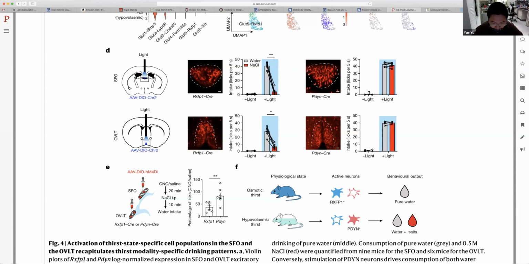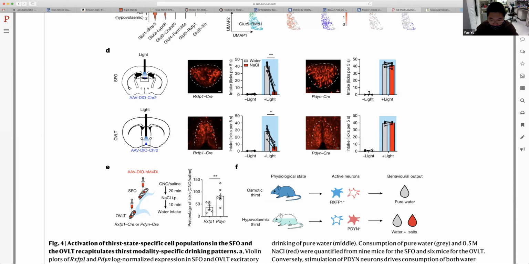So compared to RXFP1, pyronorphin has a higher lag. I think they're saying if they inhibit these neurons, they do observe a decrease in water consumption. Is that true for this part? Yeah. Okay, strongly. So chemogenetic inhibition of RXFP1 positive but not pyronorphin positive neurons strongly suppresses osmotic stress-induced water intake.